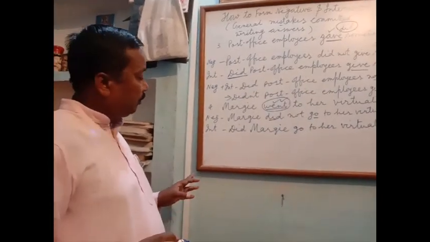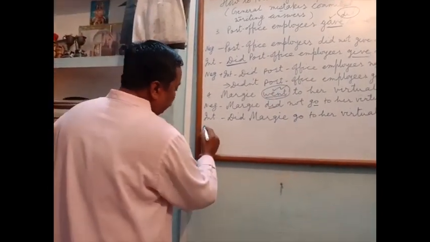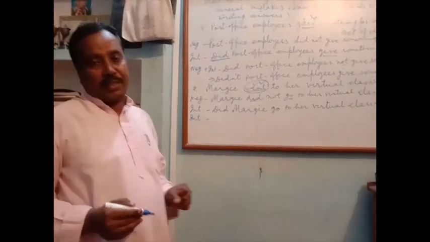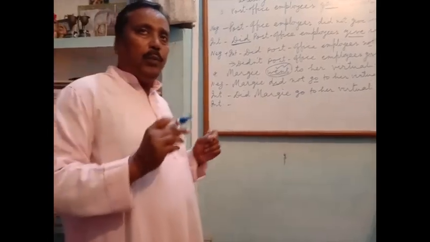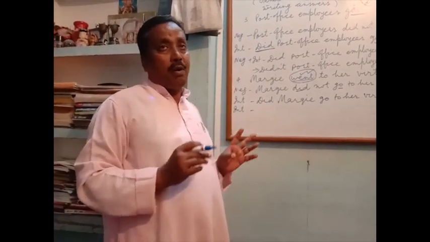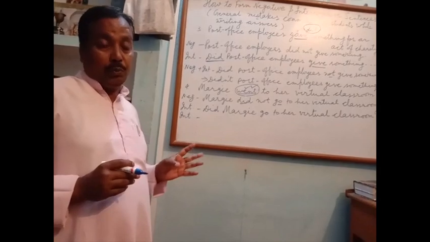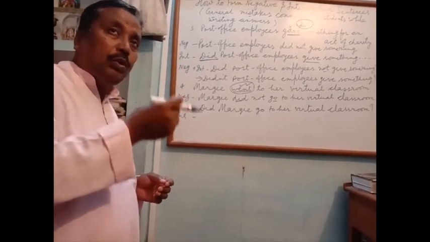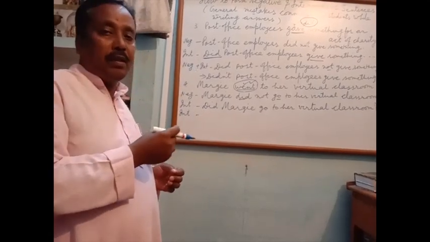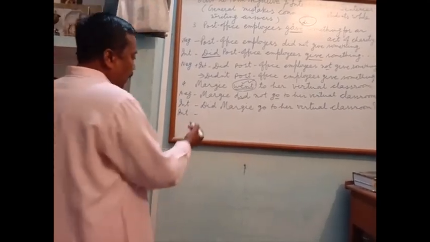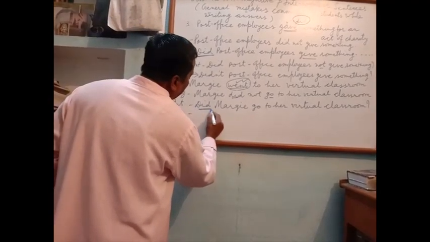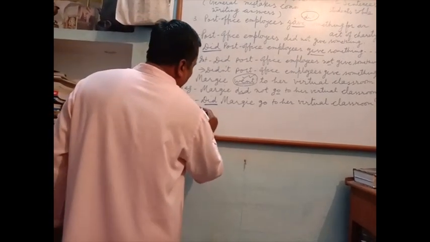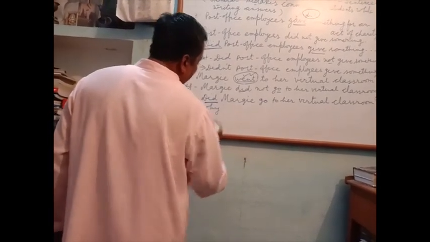Now make the interrogative form with the help of a WH question. So if we use a WH question, what, where, which, who, when, then after the WH we must use first the helping verb, then the subject. Here the helping verb is already used, so we only write here why.